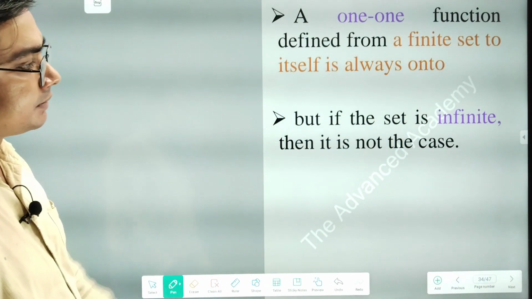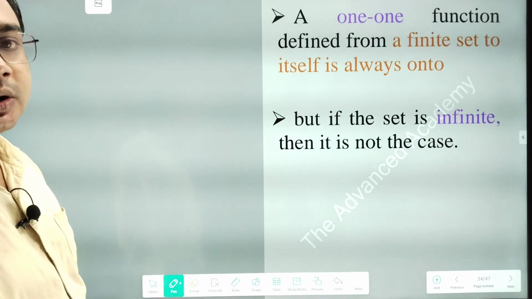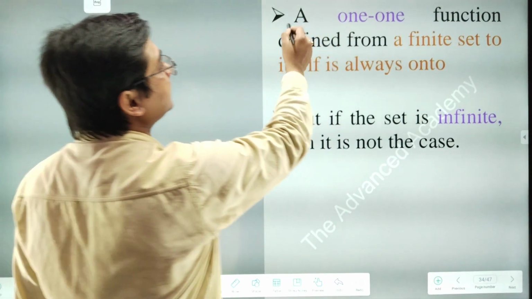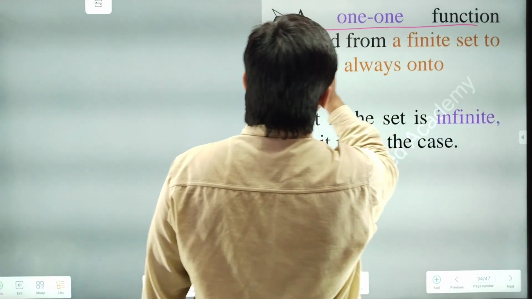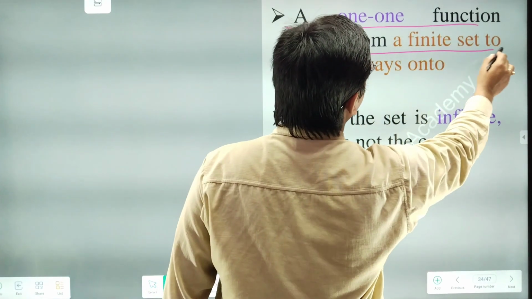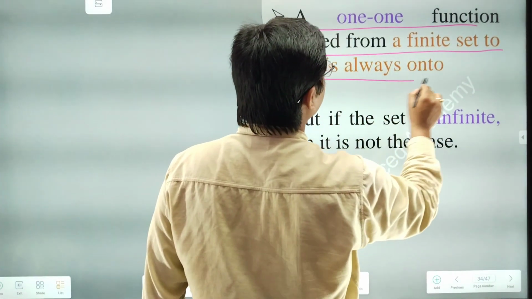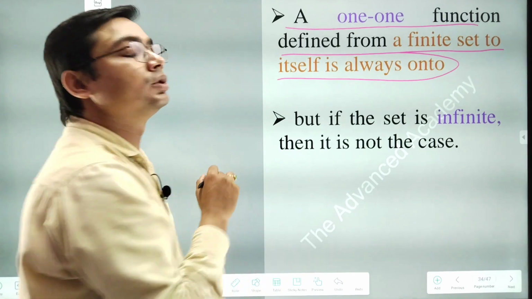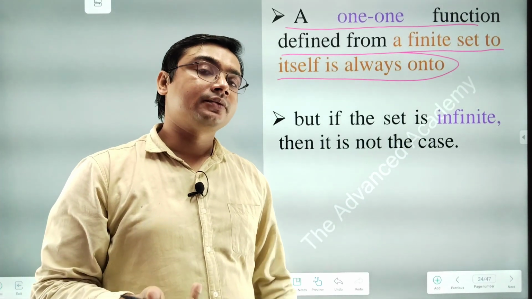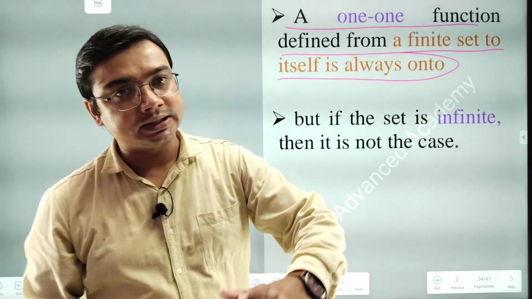So now you see some properties of these one-one and onto functions. You see, a one-one function defined from a finite set to itself is always onto.